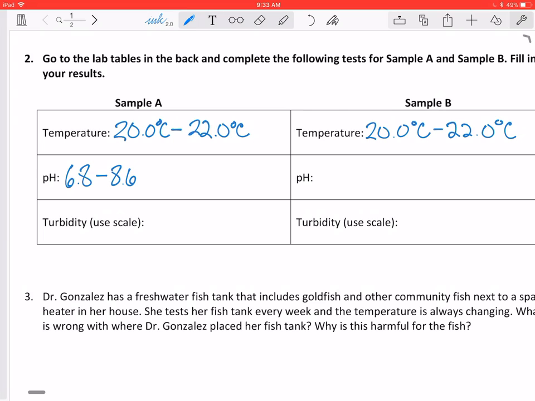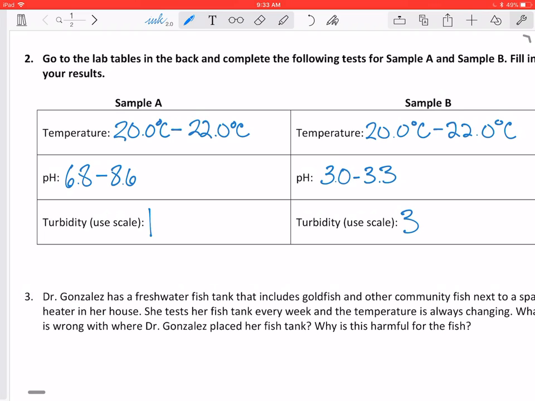And then the pH for sample B was much narrower, it was between 3.0 to 3.3. And then turbidity, sample A was very, very clear. That was a 1, while the turbidity in sample B should have been a 3 using our scale.